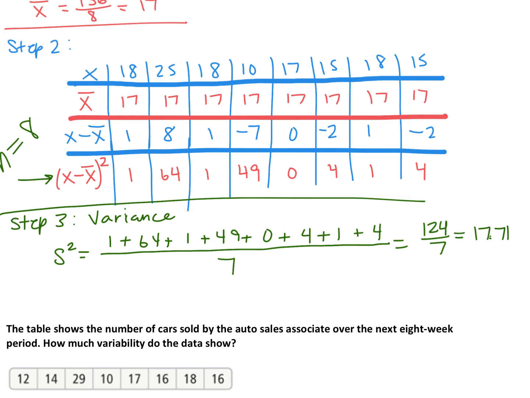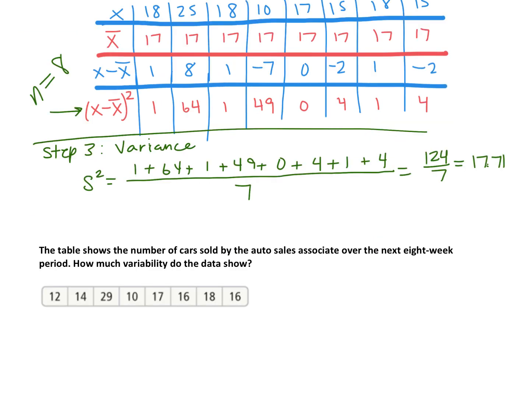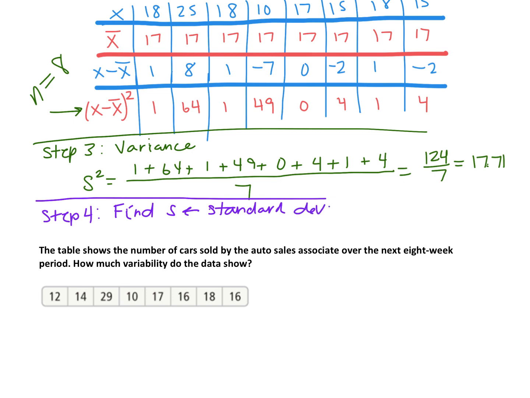Our last step is to find the standard deviation. So step 4, find the standard deviation, which is s. Well, up above, we found the variance. Variance, s squared, is equal to 17.71.